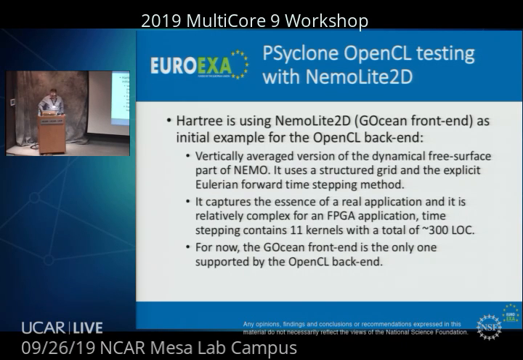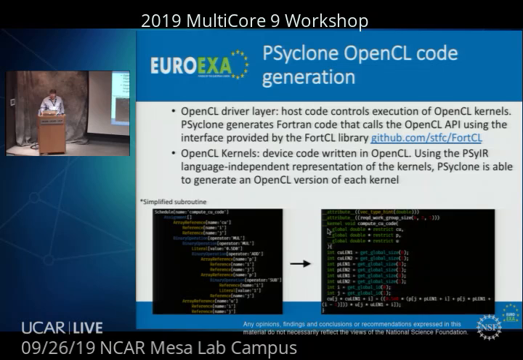This is a cut-down version of Nemo, which just does the two-dimensional part of the ocean. But it does contain 11 kernels and 300 lines of code, which is quite big as an example to run on an FPGA.